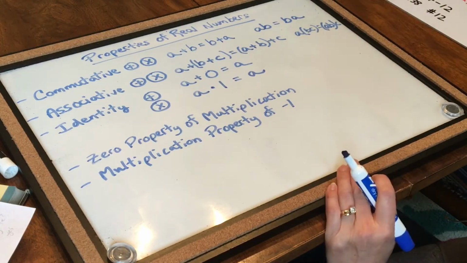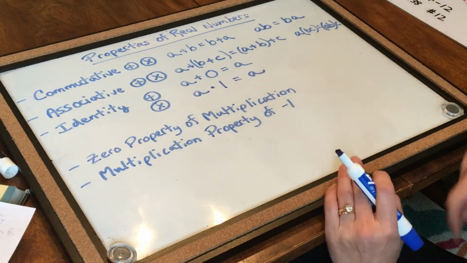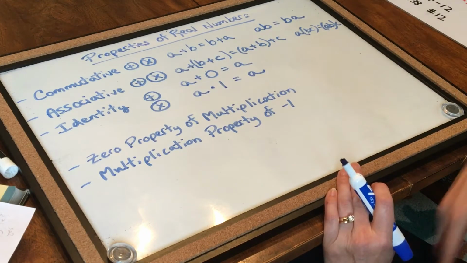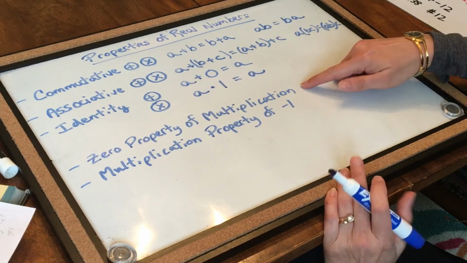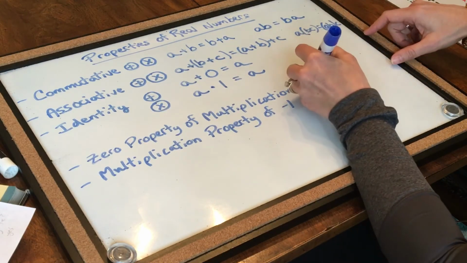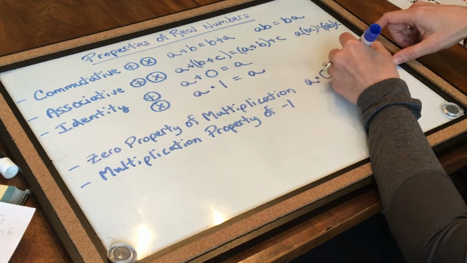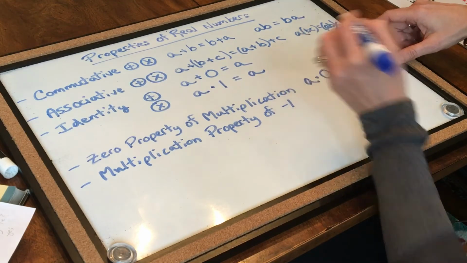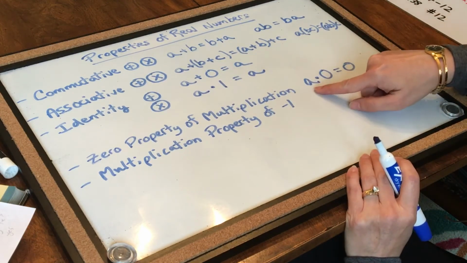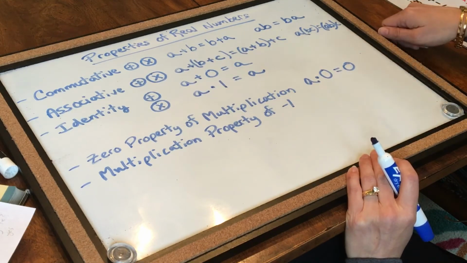Last two properties are kind of special. The first is the 0 property of multiplication, and that says that any number times 0 equals 0. So if I was going to take any number A and multiply it by 0, that would equal 0. So it doesn't matter what number you multiply by 0, it's going to equal 0.